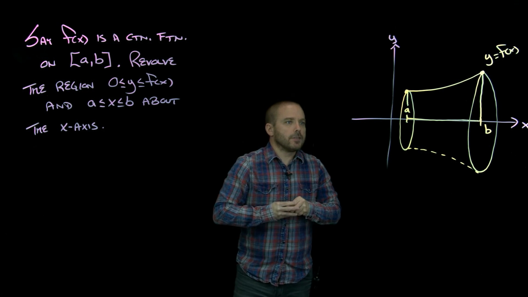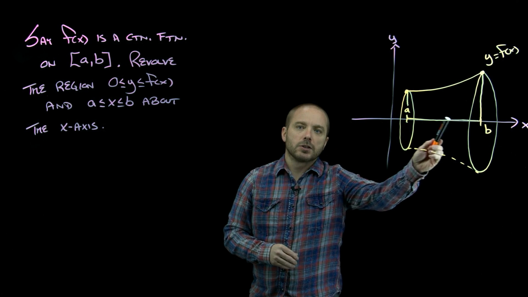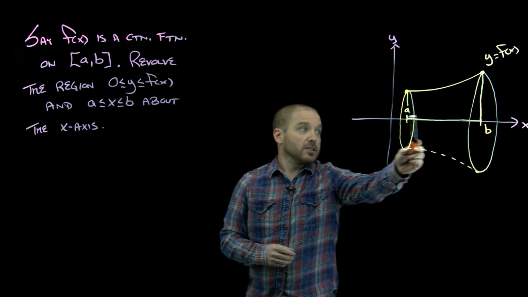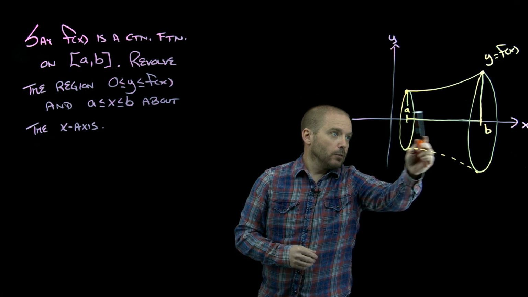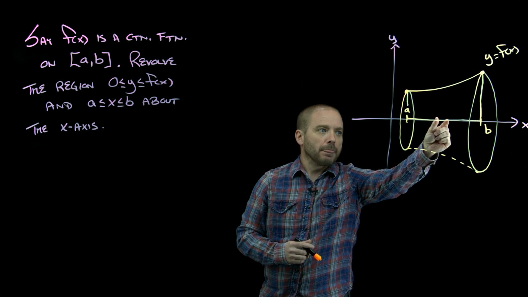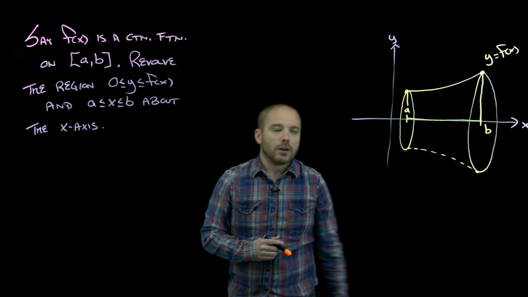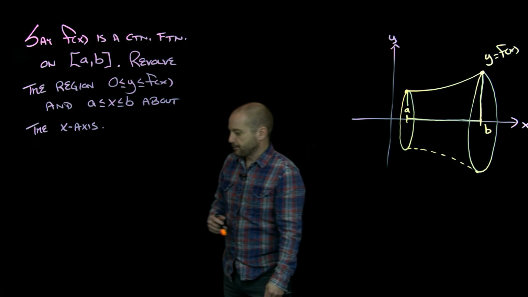So we'll go about this the same way we did for area. We'll start off by partitioning our axis here, the interval from a to b, and then creating our rectangles. But now we'll take those rectangle approximations and revolve those around the x-axis.